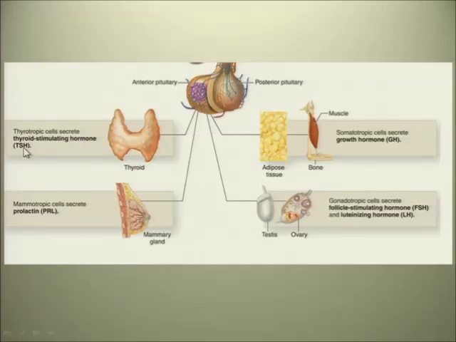You can write TSH in the exam. It secretes prolactin. It secretes growth hormone, GH. It secretes follicle-stimulating hormone, and it secretes LH. So it stimulates the ovarium to secrete. And in the testes, the testes will produce testosterone. But the pituitary gland doesn't stimulate the testes, but it stimulates the ovarium.